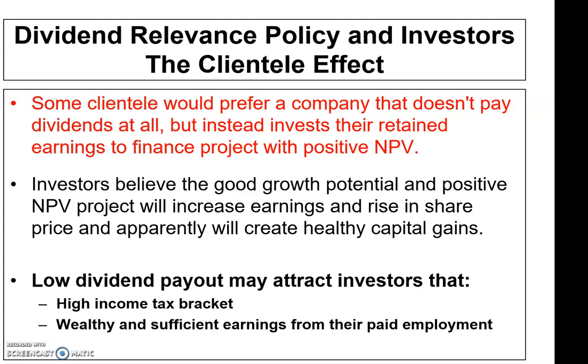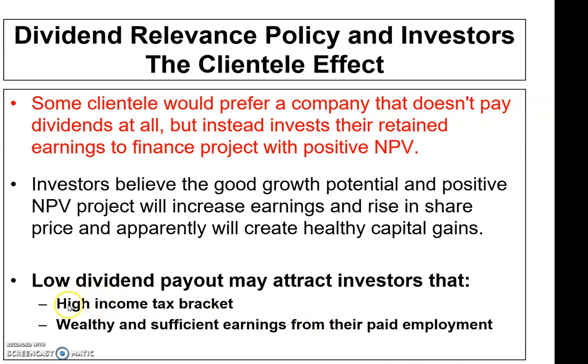So these kinds of investors will prefer low dividend payout companies. That means they prefer to invest in companies that pay low dividends. Why? One reason is that they are in the group of professionals, employees, or wealthy and sufficient earnings investors, because they get fixed and high income, and they are also paying higher income tax.